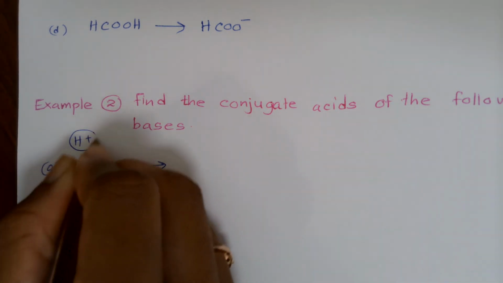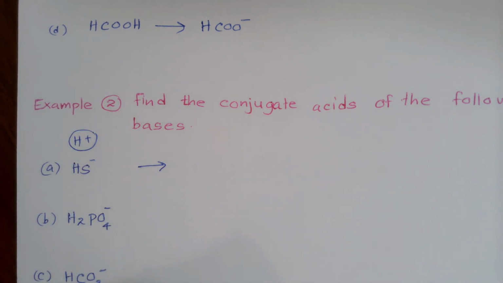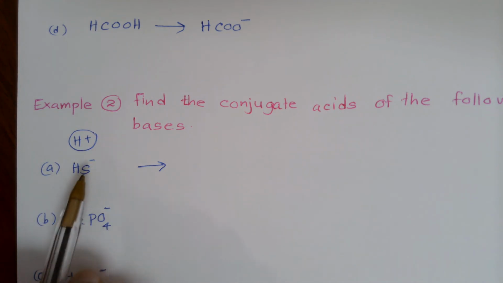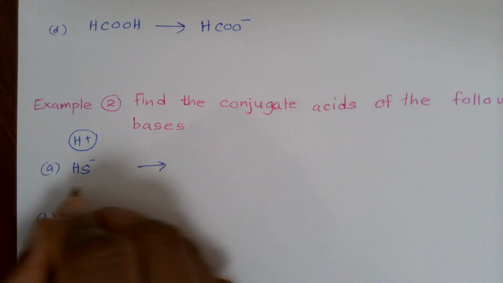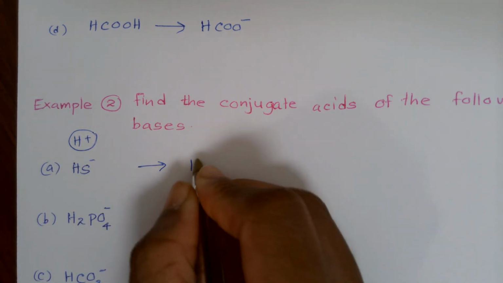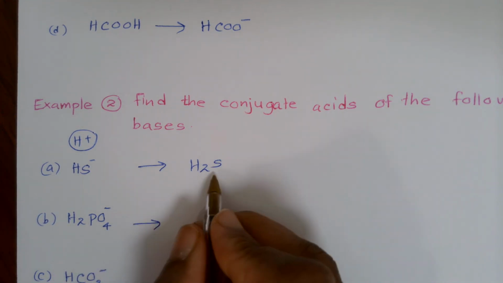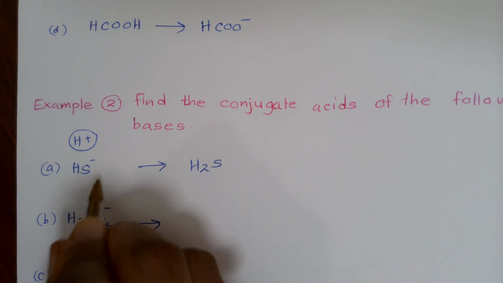You are going to add H+ to the negative charge. Then the plus and the one negative charge of the given base cancel. Then the product is one hydrogen now becoming two hydrogens, H2S. And that is the conjugate acid of the HS- base.